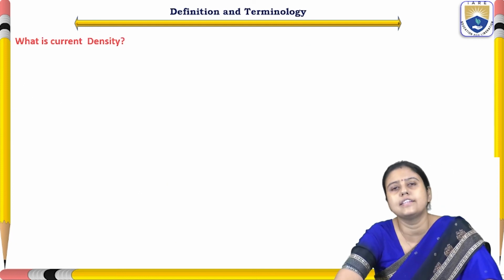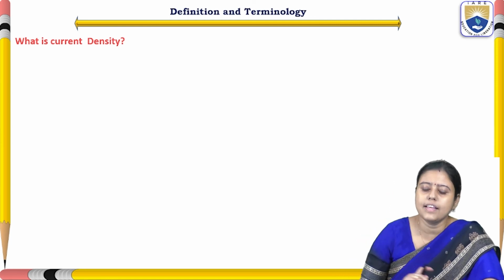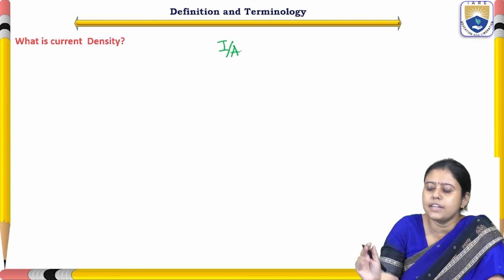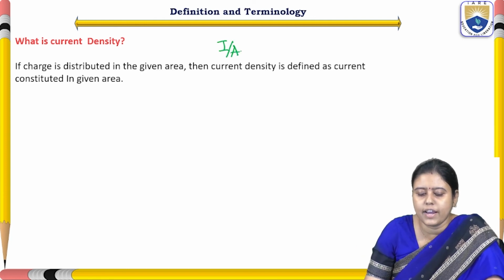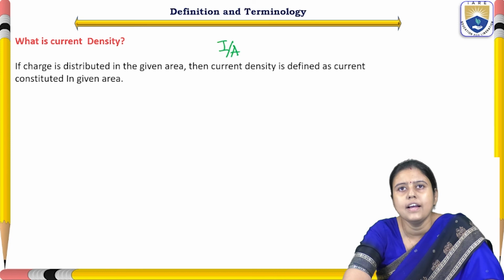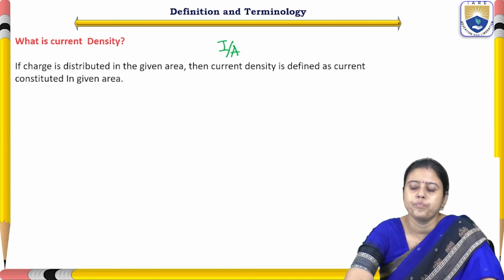What is current density? Current density is nothing but the current per unit area. For simplicity, if the charge is distributed in the given area, the current density is defined as the current constituted in the area.